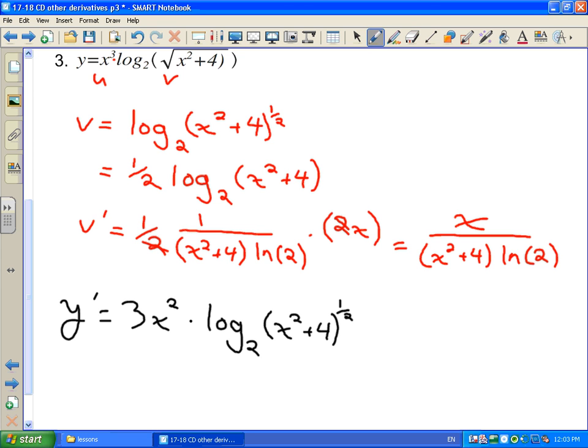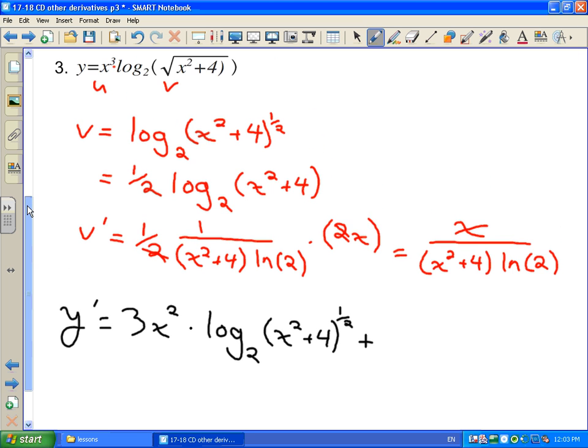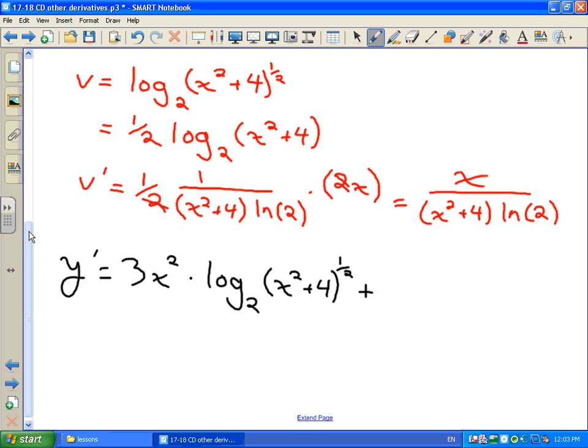We'll write it like that in case that helps us simplify things. And to this we have to add u, so x cubed, times v primed, x over x squared plus 4 times ln 2.